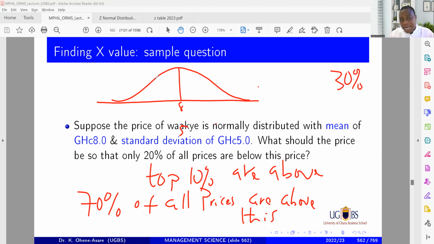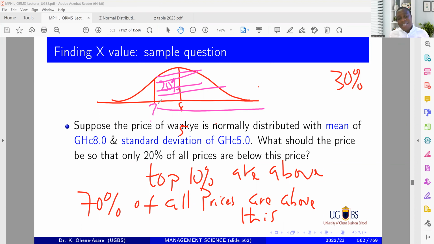If I put a line here, can we say that 70% of the prices are above this price? Yes. If I indicate that the value here is 20%, then from that 20 all the way up is 70% of the prices, which are above this question mark price.